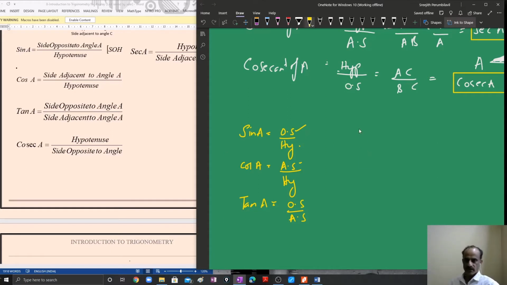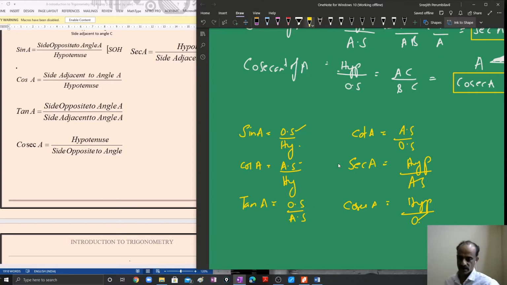Now the reverse: cot A, the reciprocal, is adjacent side by opposite side. Sec A is hypotenuse by adjacent side, and cosec A is hypotenuse by opposite side. These are the basic trigonometric ratios.